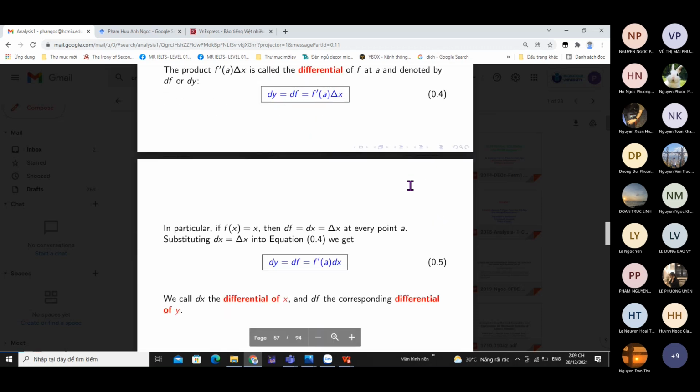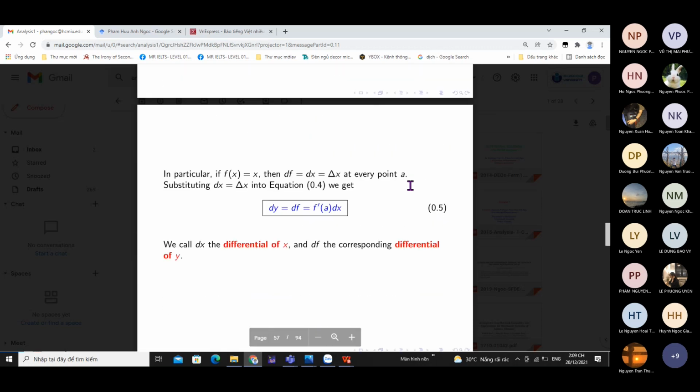In particular, when f of x equals x, you have the differential of f is also dx and equals delta x, because f prime of x equals 1 for every x, right? And that's why in general, instead of using delta x, we use dx.